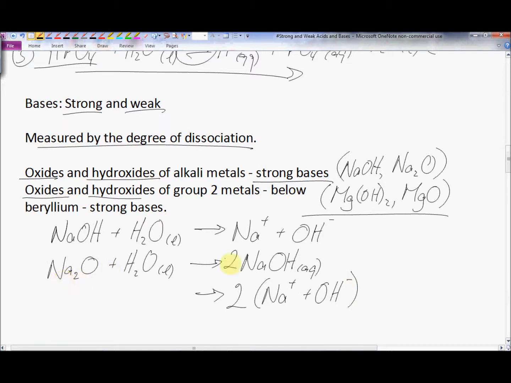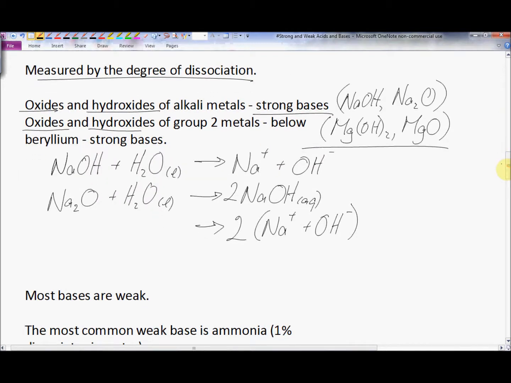So there's 2 sodiums, 2 oxygens, 2 hydrogens, and so that all balances out. Okay, so those are examples of strong bases. We know they're strong bases because they will fully dissociate. This forward reaction will happen fully.